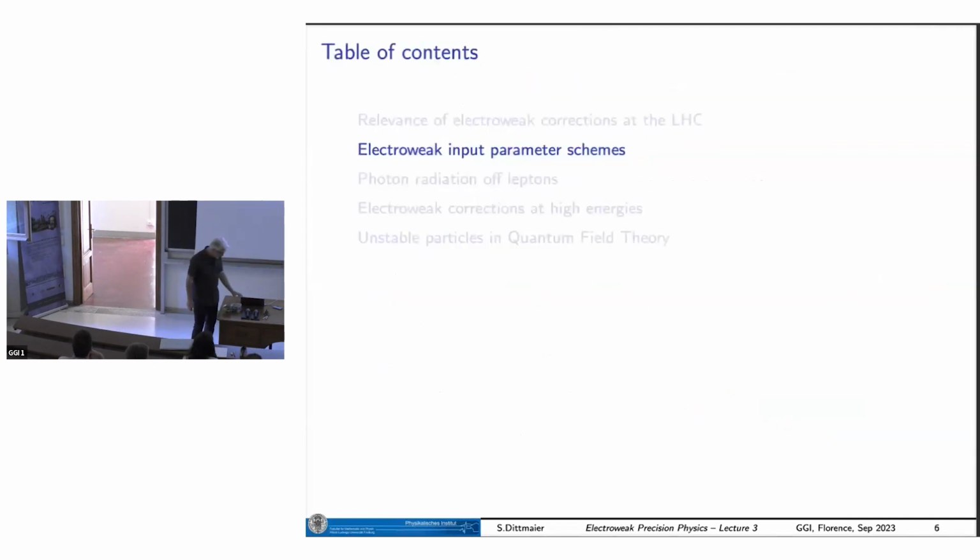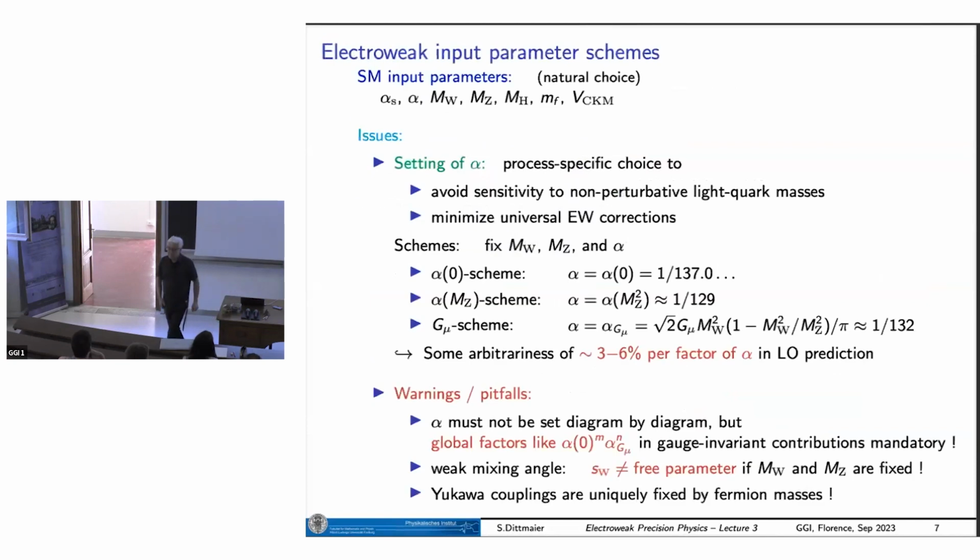Yeah, input parameter schemes. Let's start with something very serious. What is the issue? Typically, in your natural way of defining the input parameters, as I've said, you take the gauge boson masses, the Higgs mass, Fermi masses; the CKM matrix doesn't play a role for us.